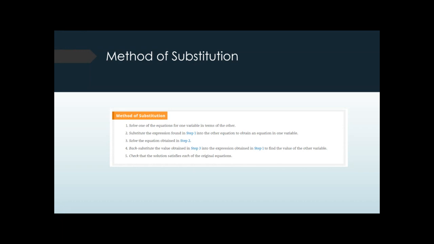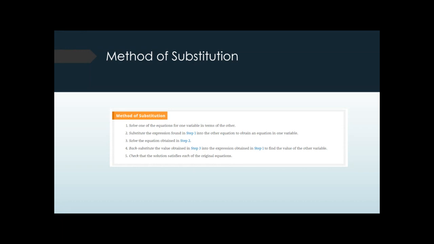Step 2 is to substitute the expression found in step 1 into the other equation to obtain an equation in one variable. So that's the substitution step. Then you solve the equation you got in step 2. Then you do what is called back substitution. So you back substitute the value obtained in step 3 into the expression obtained in step 1.